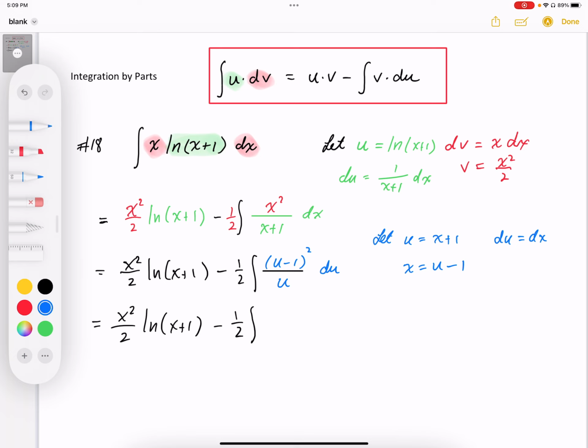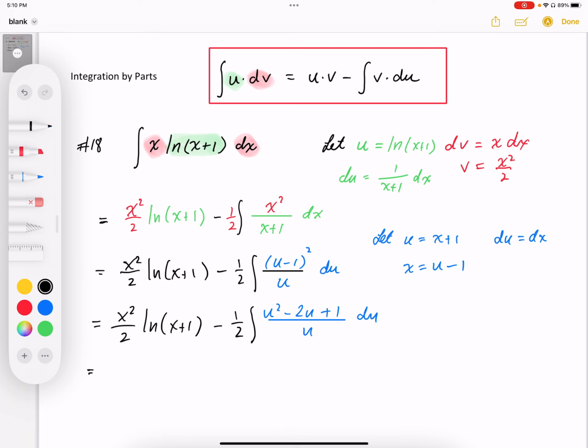And when I work this out, I'm going to end up with u squared minus 2u plus 1 all over u. And that we can then separate the powers. We end up with u, no power, just minus 2, and then a plus 1 over u.